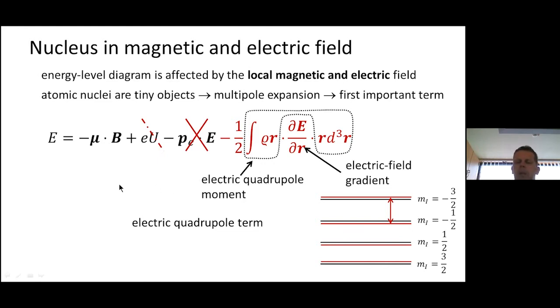Nuclei with spin 1/2, like hydrogen nucleus or carbon-13 nucleus, are spherically symmetric nuclei and don't have electric quadrupole moment, so such nuclei cannot probe the electric field or the electric field gradient. But nuclei like aluminium, lithium, sodium, and many, many others can.